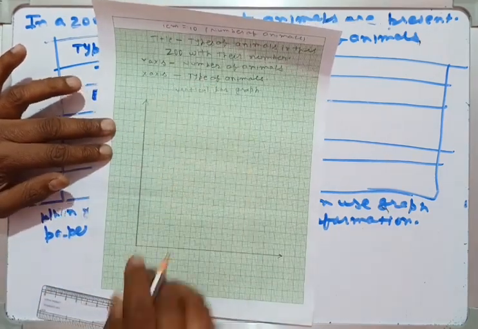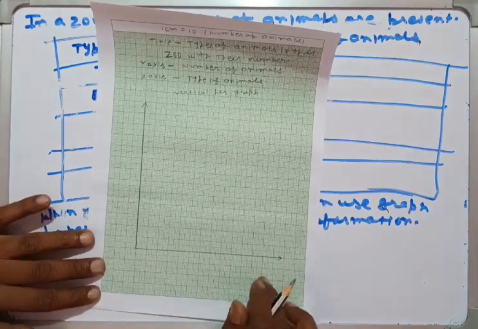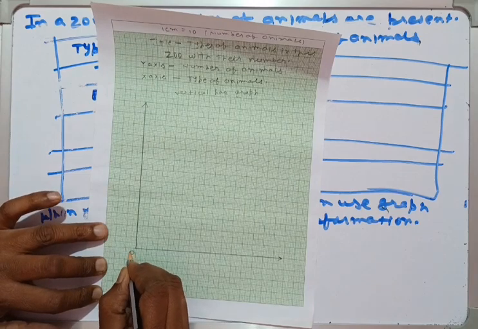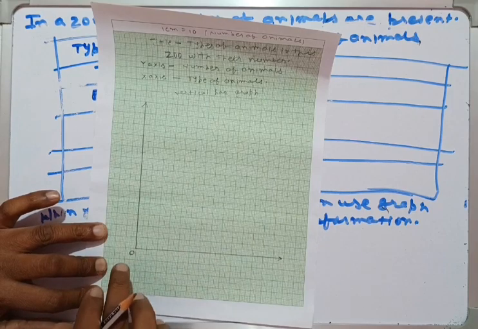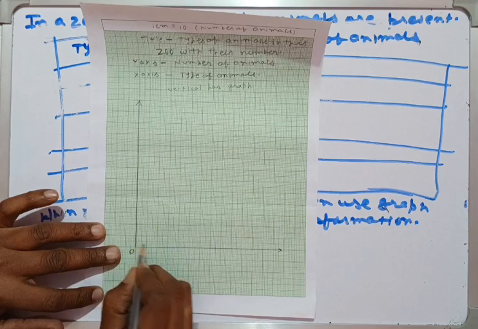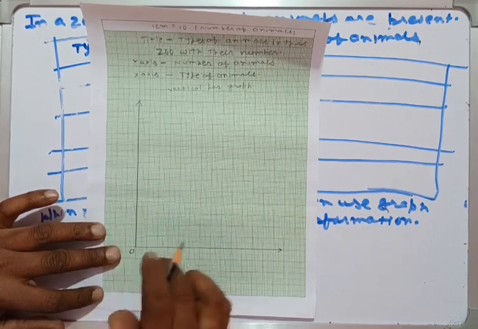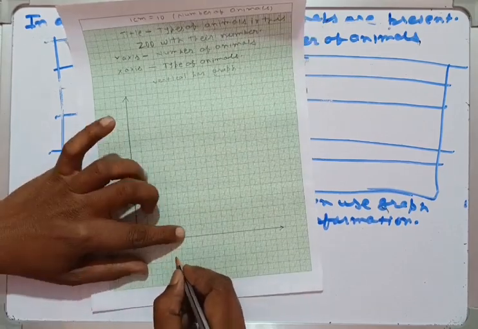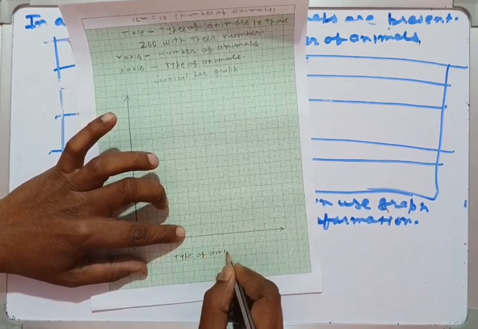It means this line can be extended in this direction or in this direction up to infinity. And the cutting point of these two lines is 0, or you can say a reference point. Next, this line and this line are perpendicular to each other, making an angle of 90 degrees.